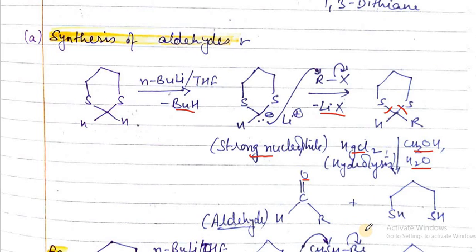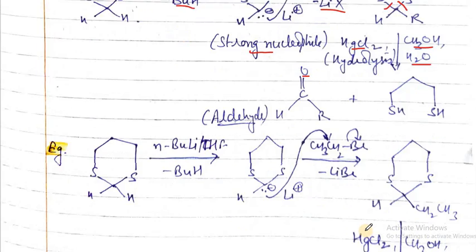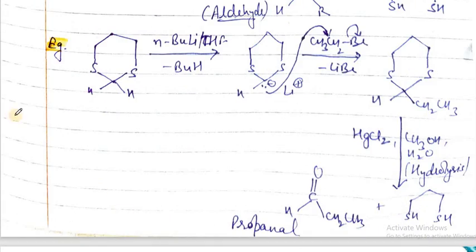And taking up a particular example, first step is same, that is with butyl lithium and tetrahydrofuran we get this carbanion, and in this we have taken our particular alkyl group. We want to prepare a particular aldehyde, so we have taken ethyl bromide.